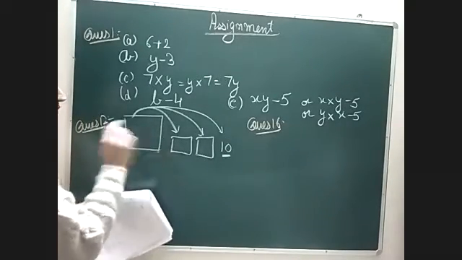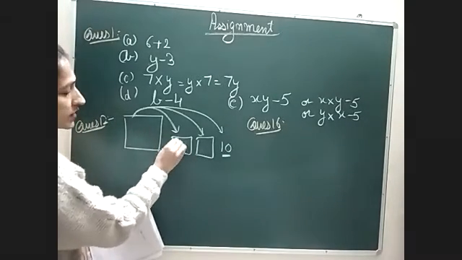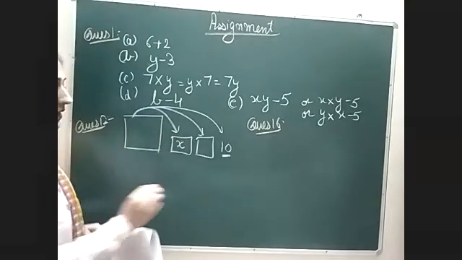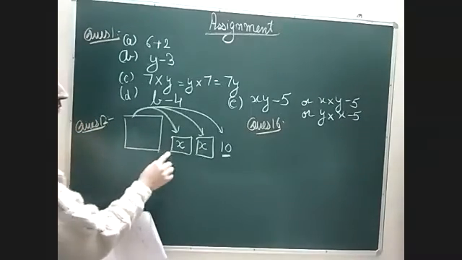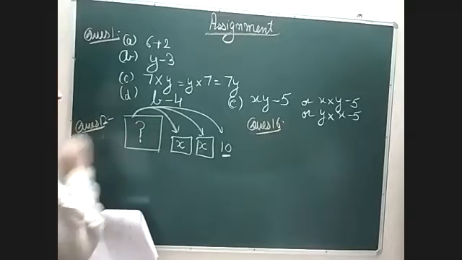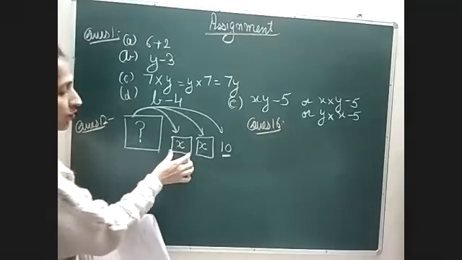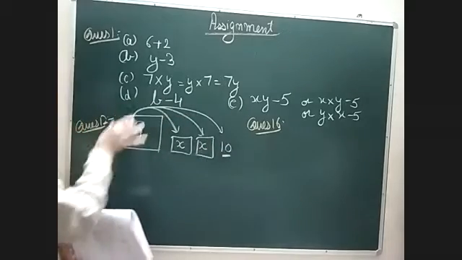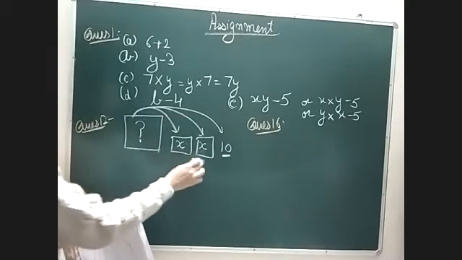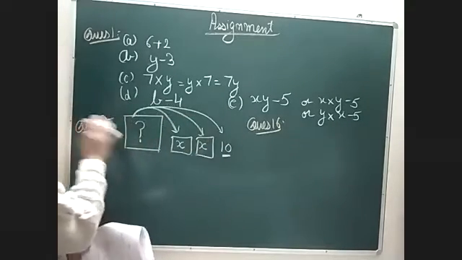So you are given that in a smaller box you have x eggs. Same way in another box you have x eggs. Now you have to tell how many were there in the bigger box. As you have taken these x eggs and 10 eggs from the bigger box, that means all 3 were present in the bigger box.